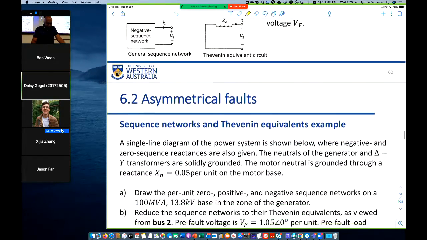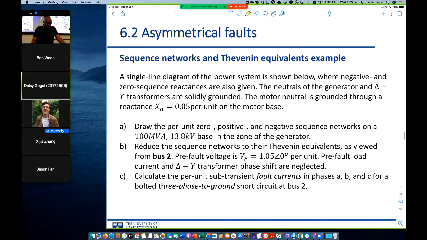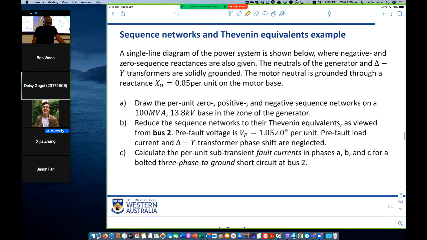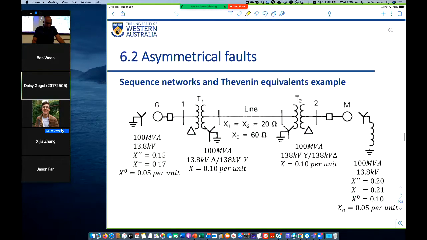So here is an example. Let's see how we can do the fault calculations. A single line diagram for a power system is shown below, right? You have a Y connected generator on the left with the neutral connected to ground.